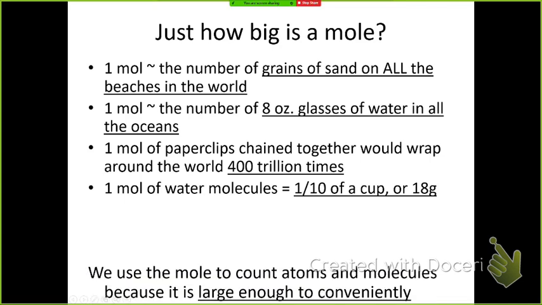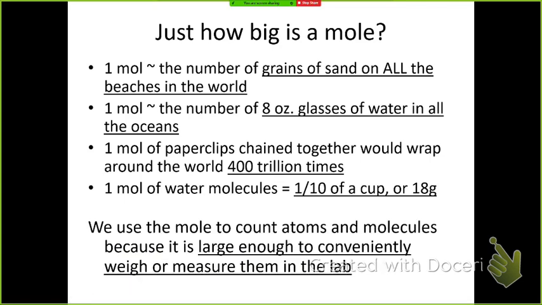So we use the mole to count atoms and molecules because it is large enough to conveniently weigh or measure them in the lab.